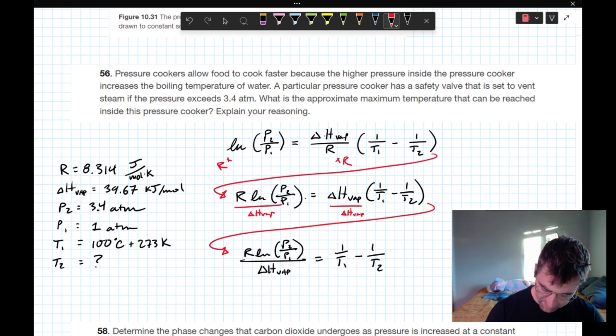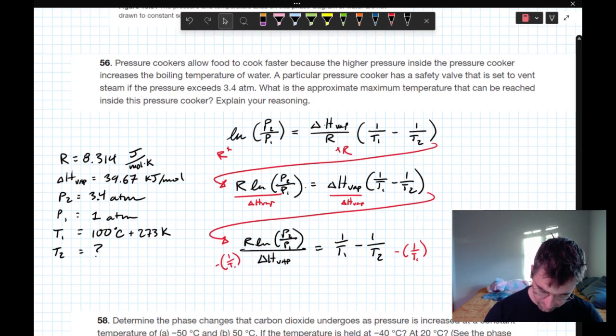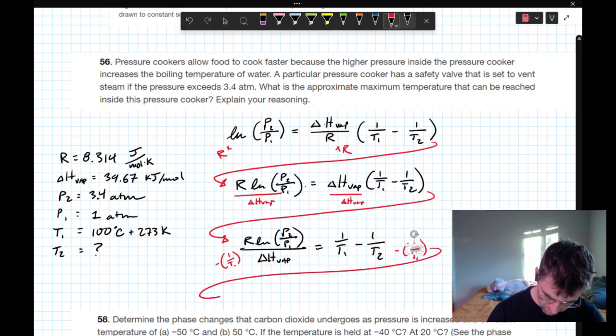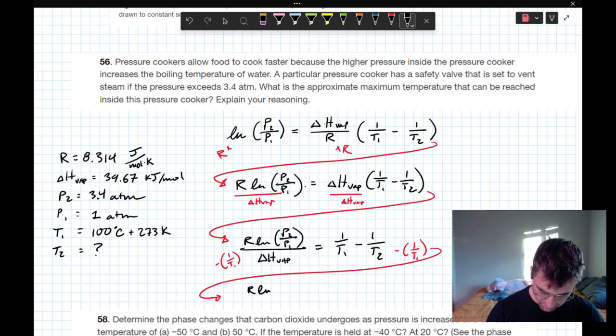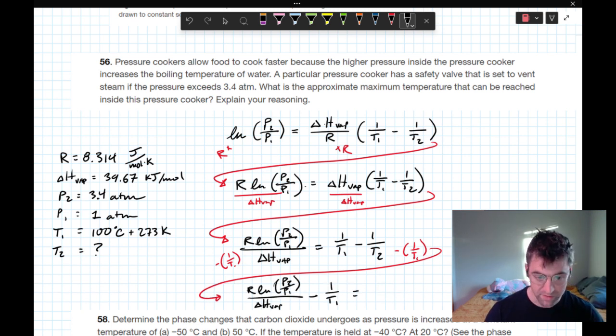We're going to subtract both sides by 1 over T1. Gives us R ln quantity P2 over P1 over delta H vap minus 1 over T1 equals negative 1 over T2.